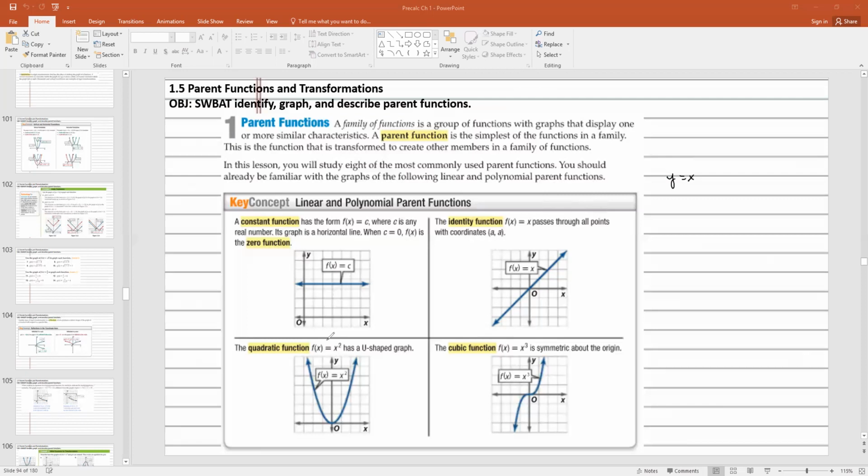And that's it. And then we have the quadratic function. Quadratic, remember, is where our exponent is 2. So the main power is 2 there. So x squared. And our cubic function is where our biggest exponent is 3.